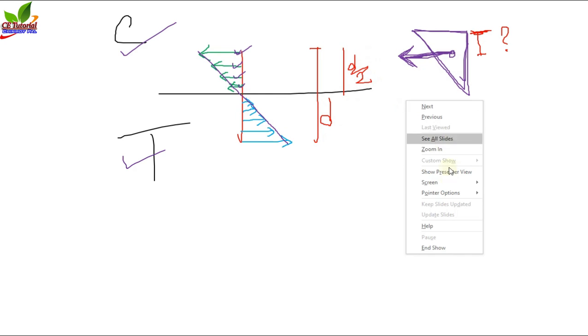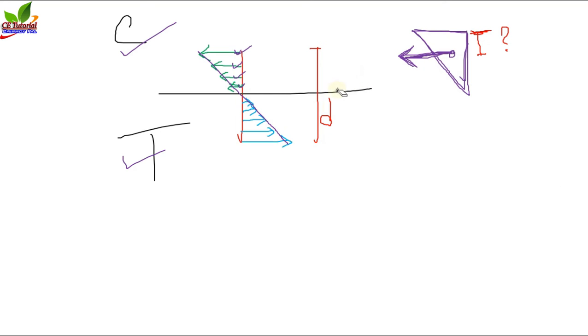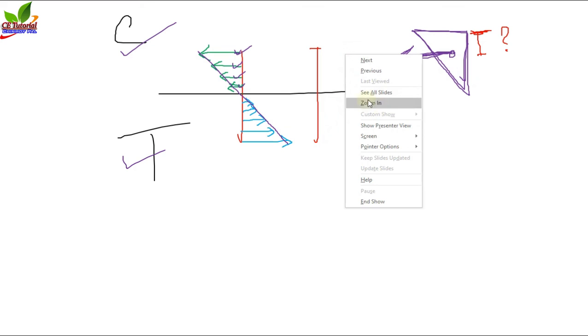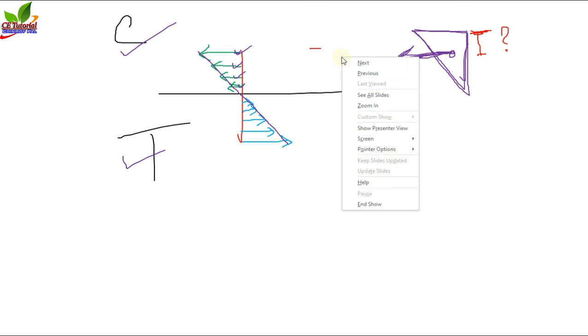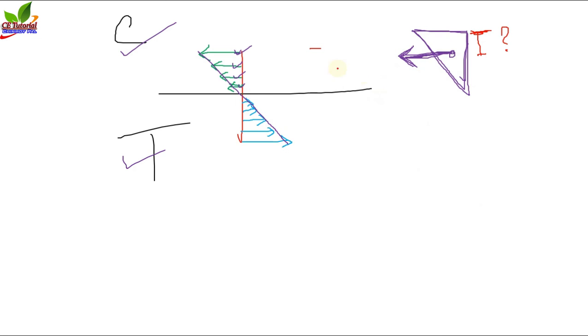Okay, let us forget about d, it will be very difficult. You just assume this distance of the topmost fiber from the neutral axis is, suppose, s.